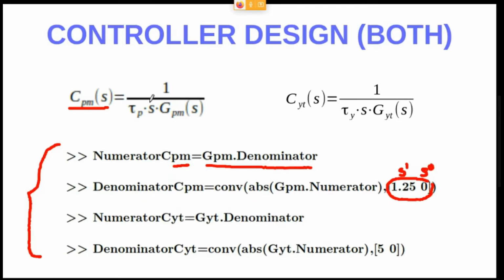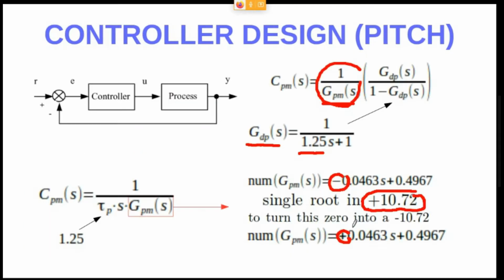So that's why here we have the time constant that multiplies by S. That's why 1.25 in here and a 0, because there is no independent term in this polynomial. And it's the product with the numerator of this transfer function. But remember, this numerator needs a sign change in here.